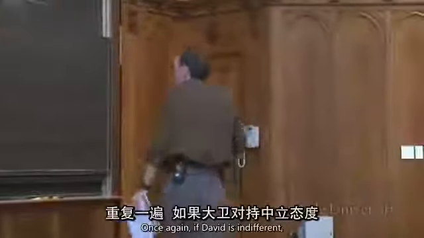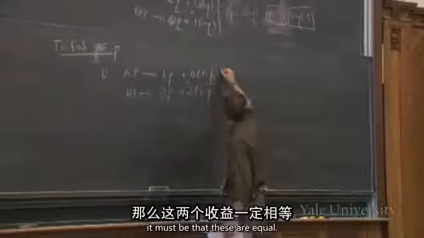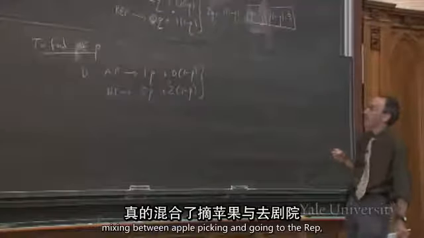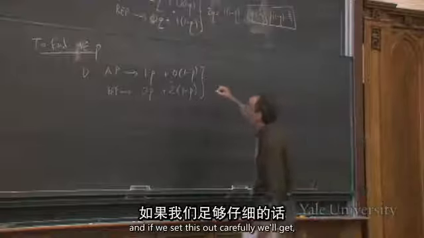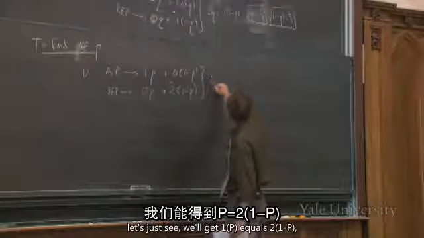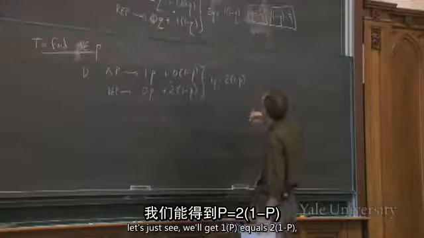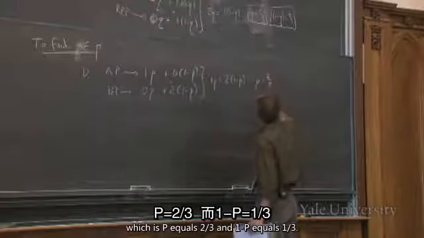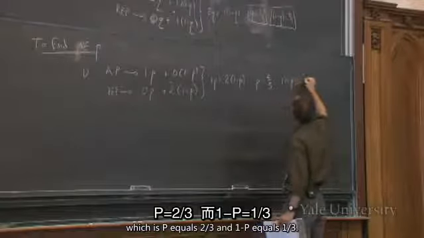All right? And once again, if David is indifferent, these must be equal. So if David is in fact mixing between apple picking and going to the rep, these two must be equal. And if we set this out carefully, we'll get 1p equals 2 times 1 minus p, which is p equals 2/3, and 1 minus p equals 1/3.